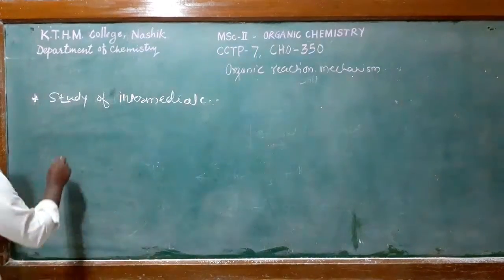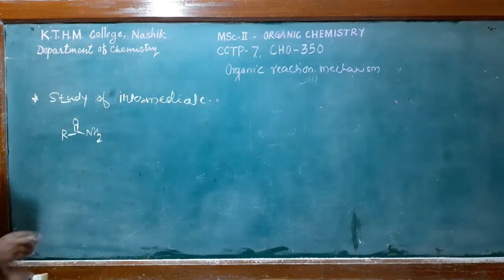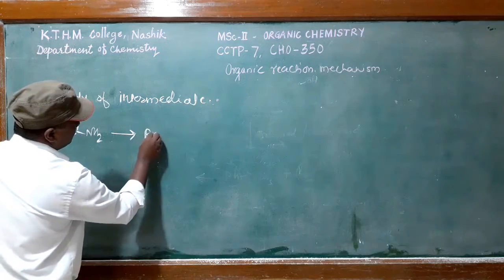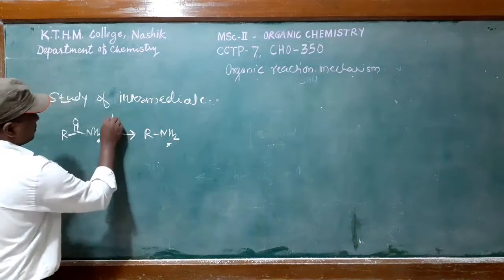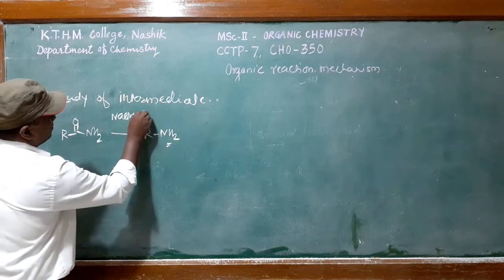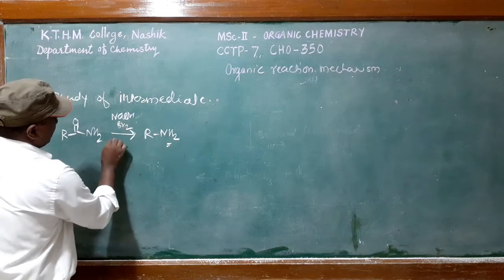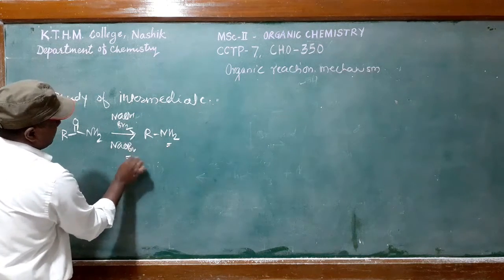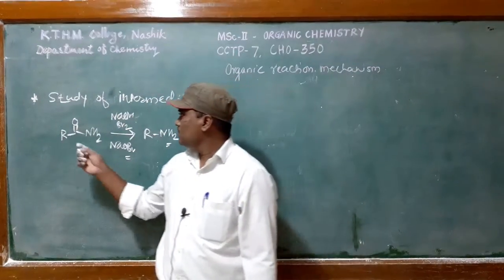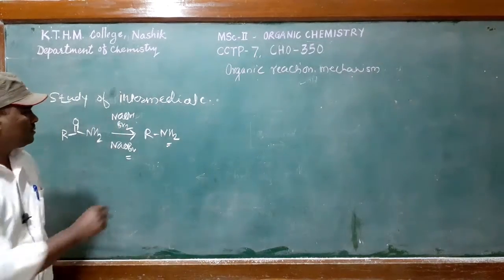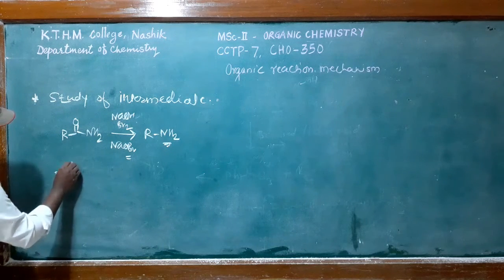What is the Hofmann rearrangement? It is nothing but the reaction of an amide which gives a primary amine in presence of NaOH and Br2, which interact to form NaOBr. How does this reaction take place? This reaction takes place something like this.